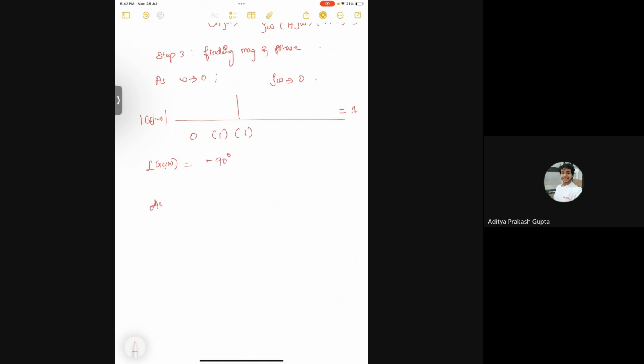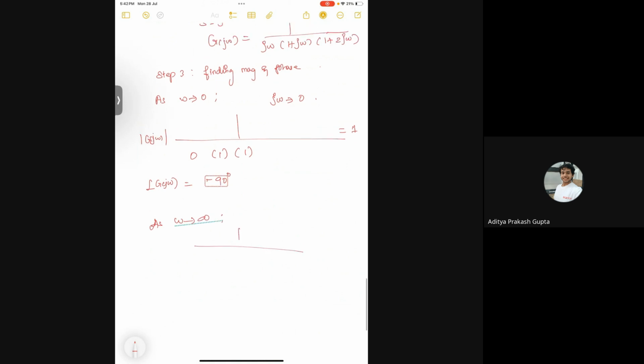When omega tends to infinity, no approximations will be there. Everything else will be taken off, and it will be 2 of j omega the whole cube.